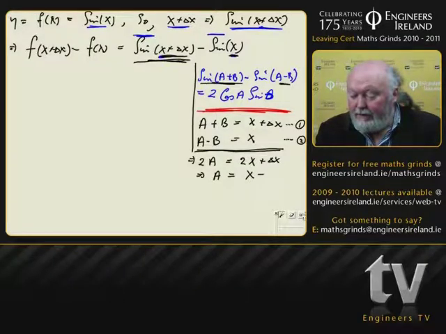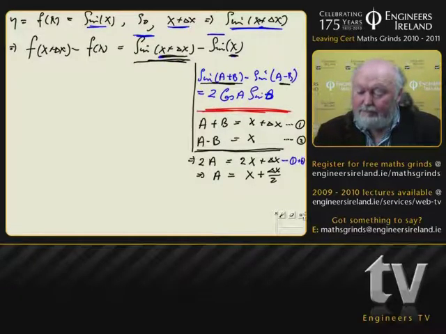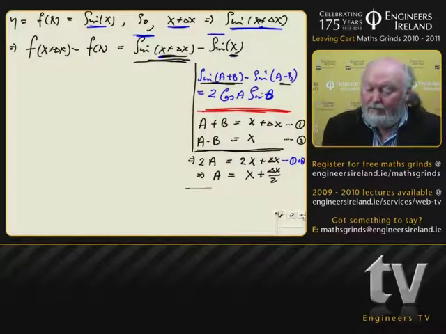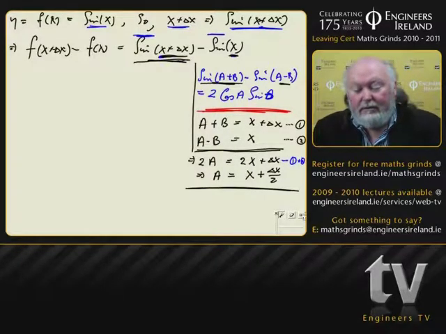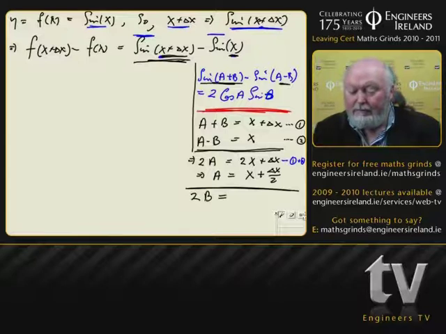I prefer to leave it looking like this. That's 1 plus 2. We could have taken one from the other, and then you'll get 2B is going to be, the x's will cancel now. We're going to be taking the second equation from the first equation.